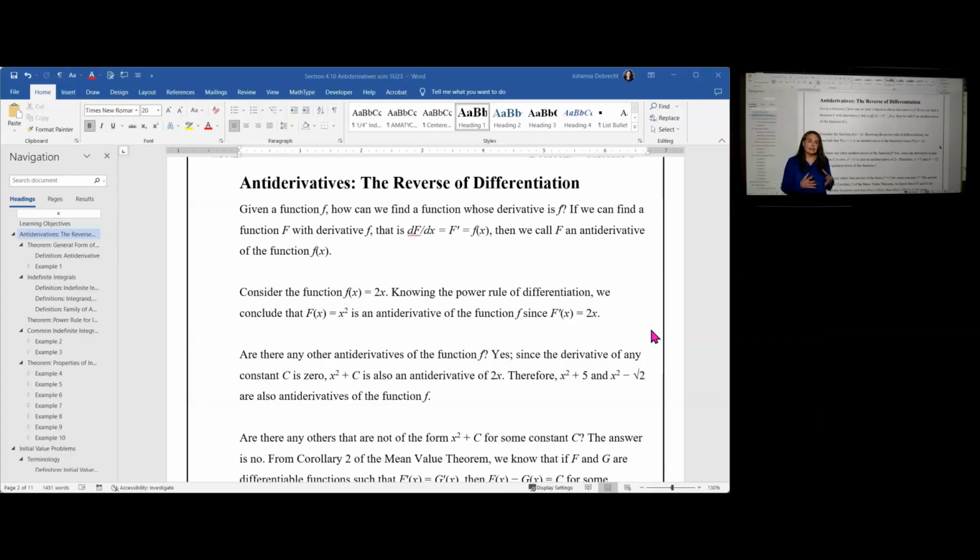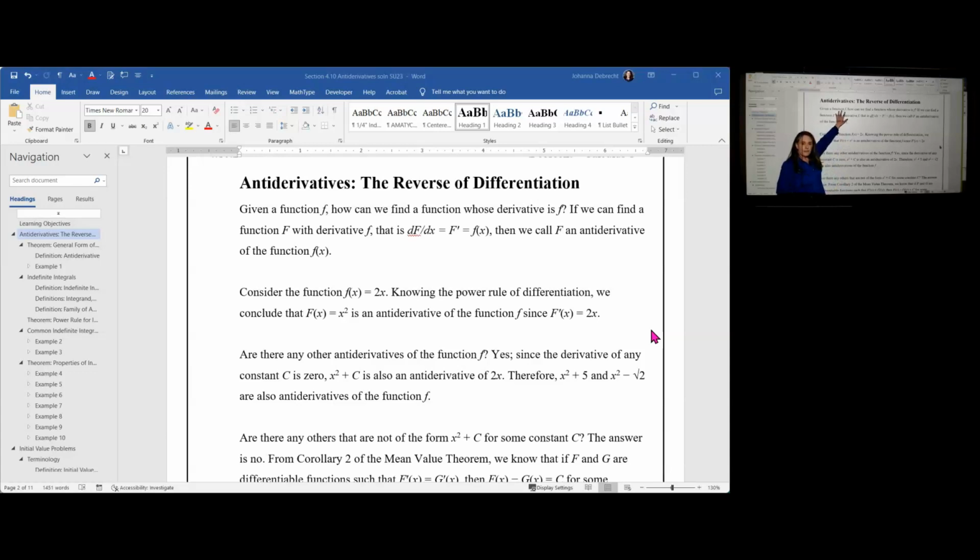Remember that the antiderivative is the process of undoing the derivative. It's antidifferentiation. Like multiplying and dividing by the same value are opposite directions or inverse operations of each other. Antiderivative undoes the derivative.